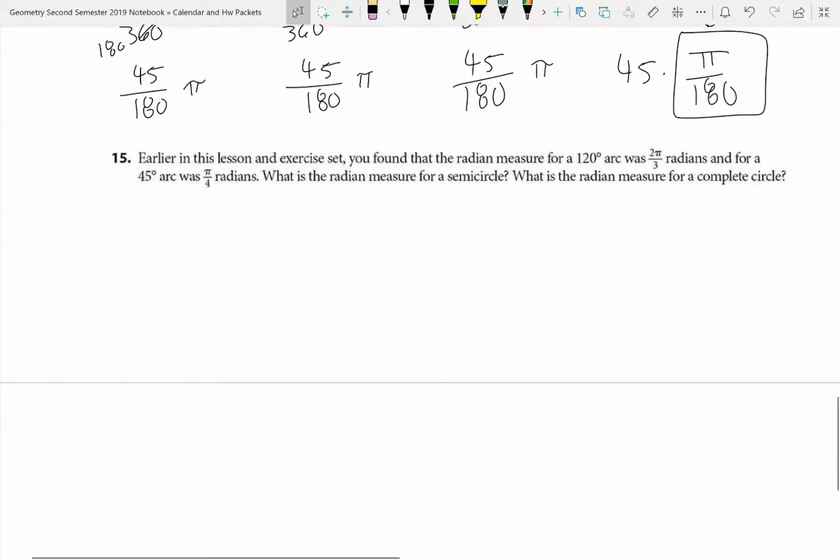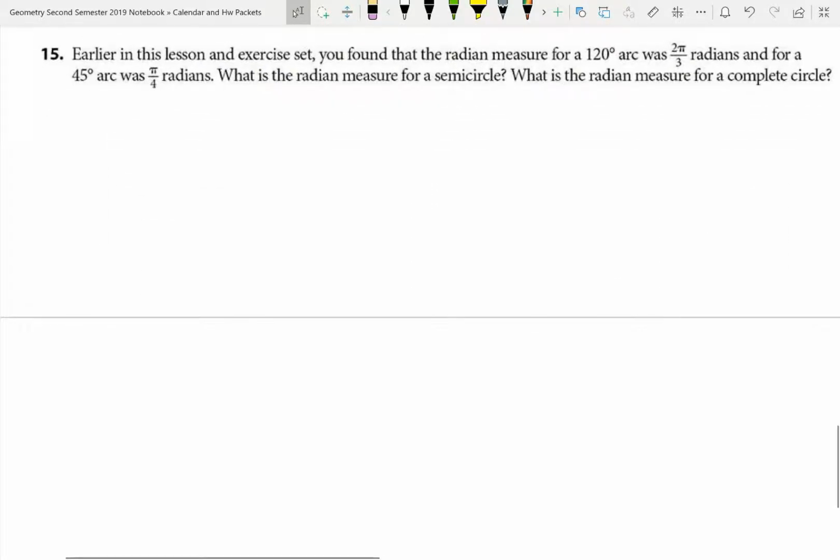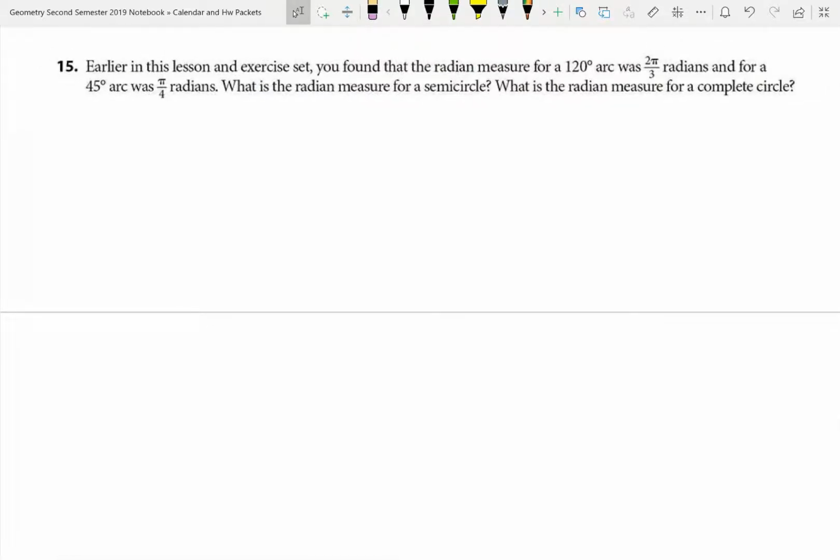Okay, let's go ahead and do 15 now. Earlier in this lesson, in the exercise set, you found that the radian measure for a 120-degree arc was 2 pi over 3 radians, and for a 45-degree arc was pi over 4 radians. What is the radian measure for a semicircle? What about a complete circle?